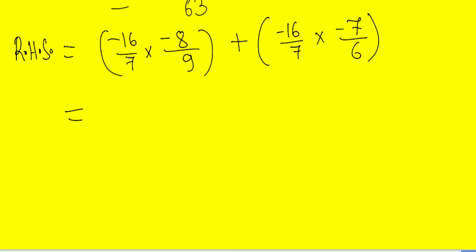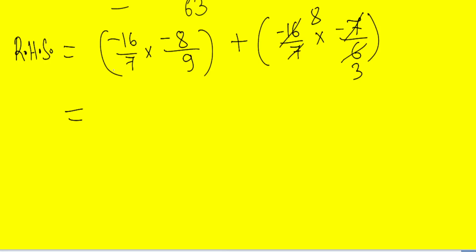Now see, is anything eliminating here? Nothing is eliminating in this bracket, but some things are eliminating in this bracket, like 7 will divide 7, है ना, 6 2 3 जा 6 and 2 8 are 16.